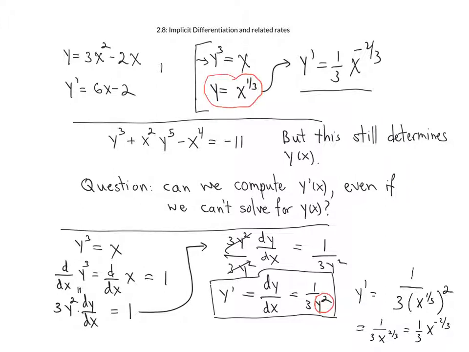So in this example, of course, we already knew how to compute the derivative y prime or dy dx by first solving for y, but the second method that I explained here at the bottom of the screen is called the method of implicit differentiation, and it can be used in more complicated situations where you may not necessarily be able to solve for y as a function of x. So we'll return and do the exact same thing on this more complicated equation on the next screen.